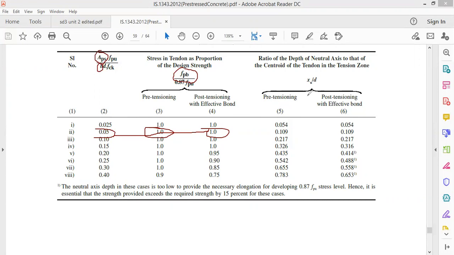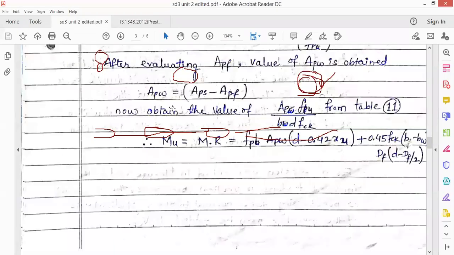And similarly, we will be obtaining XU by D from these two values, and then I will be obtaining the value of XU by substituting the value of D. So now we will be obtaining the value of moment of resistance, right? What we need is FPB and XU. These two will be obtained from Table number 11 on page number 51 of IS 1343 2012.